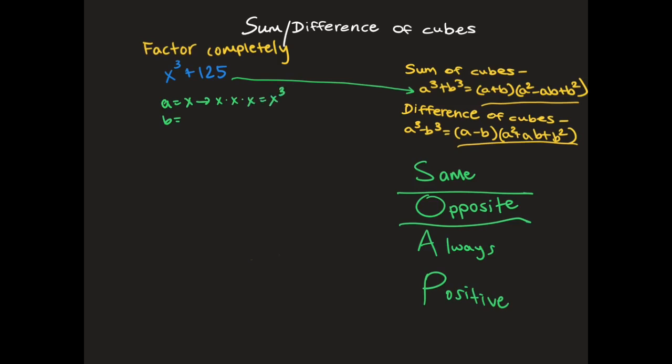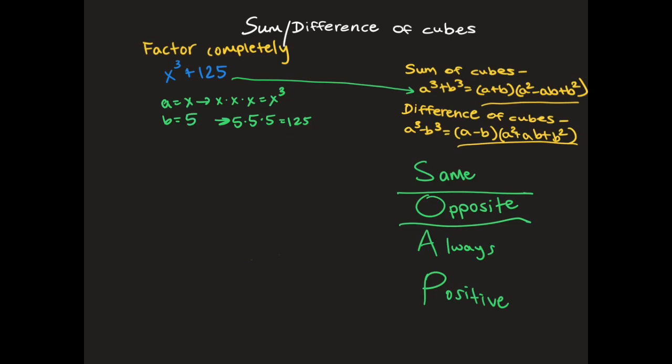Now to find a number multiplied 3 times by itself equals 125. That means 125 is 5 times 5 times 5. So your b value here is 5.